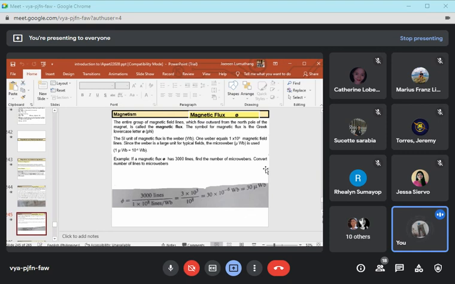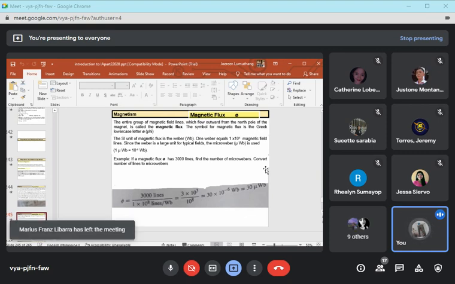So 3 minus 8 is negative 5. But since we are converting to microweber, instead of using 3 times 10 raised to the negative 5, we use 30 times 10 to the negative 6. Okay, so this is an example.